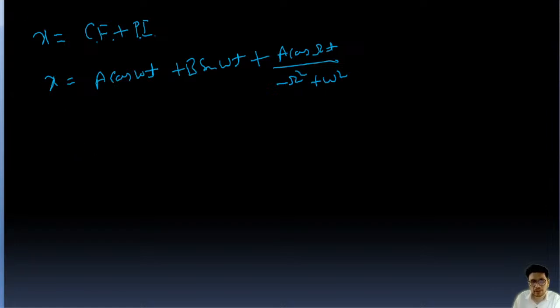So calculating the limit as capital omega tends to omega, because there's an inside omega equal to omega, of x.